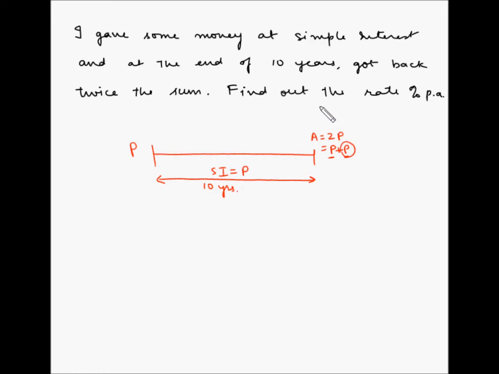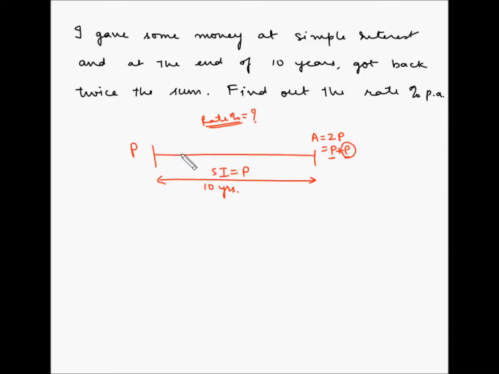Now we have to find out the rate percent at which this amount lent at R% becomes twice itself in 10 years.